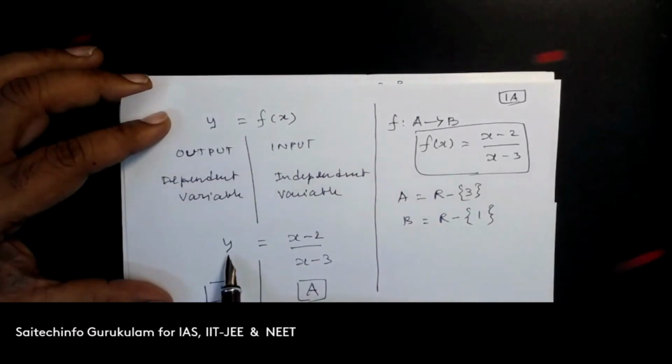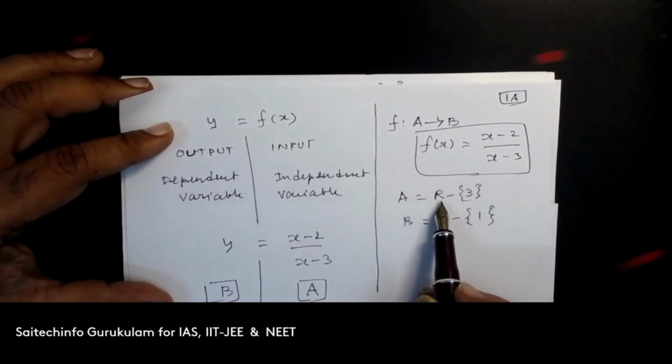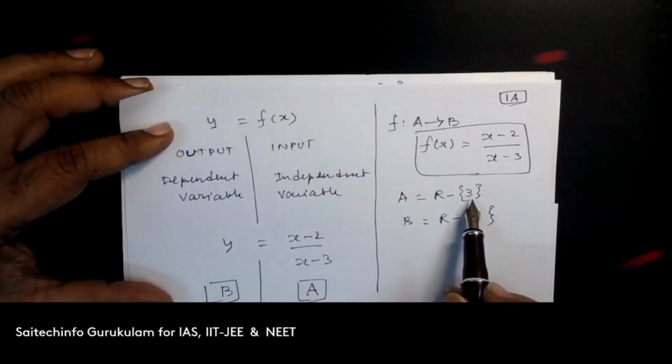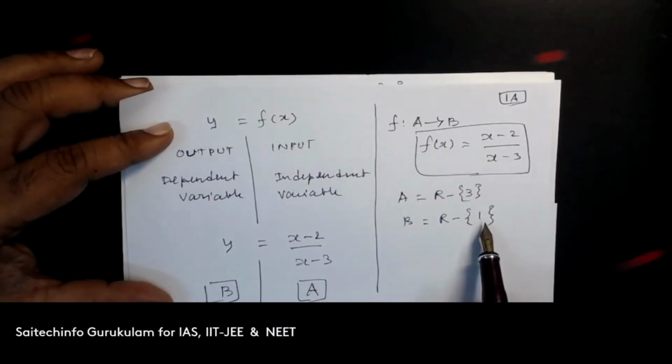Now the given function is y equals (x minus 2) divided by (x minus 3). And as we already discussed, A is the input, B is the output. Now they have given A as the set of real numbers excluding the number 3, and B as the set of real numbers excluding the number 1.